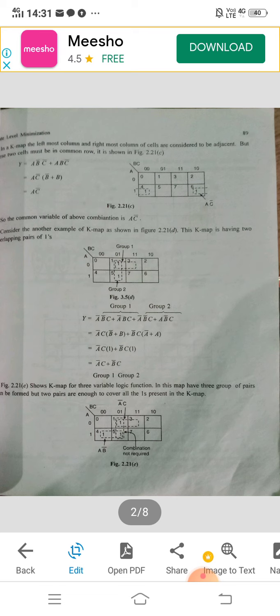So here 2 groups: 1 and 3 are having 1. Similarly, 1 and 5 are having 1, so there will be 2 groups. You can make them a pair, a group. Next, here there can be 3 groups. You can make the pairs according to need.